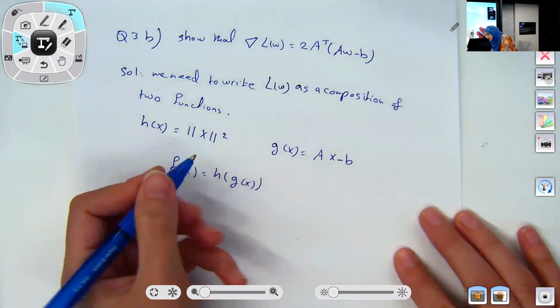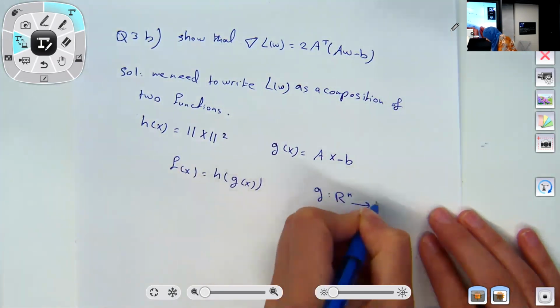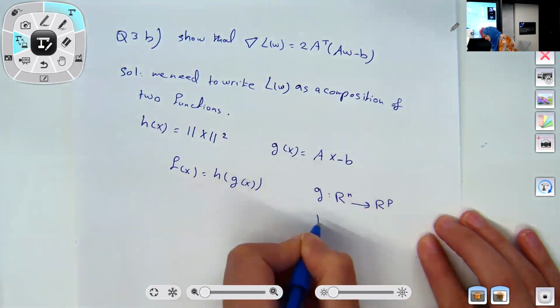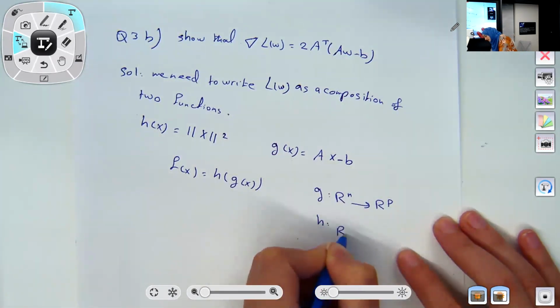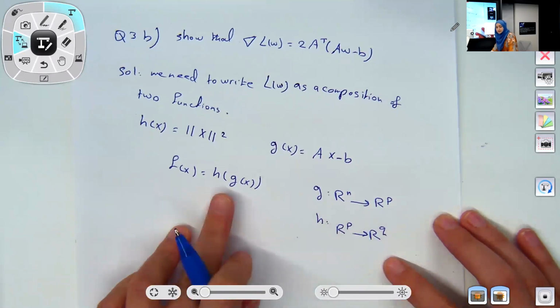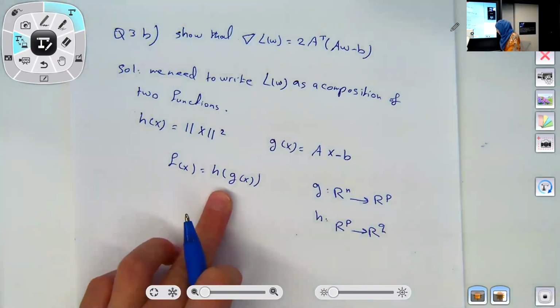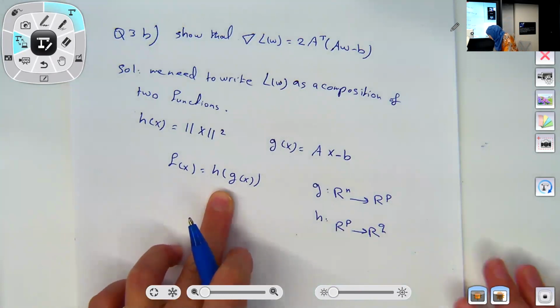For example, g is a function from R^n to R^p and h is a function from R^p to R^q. We need to know this because we will use it when we find the derivative, and we need to use the chain rule.